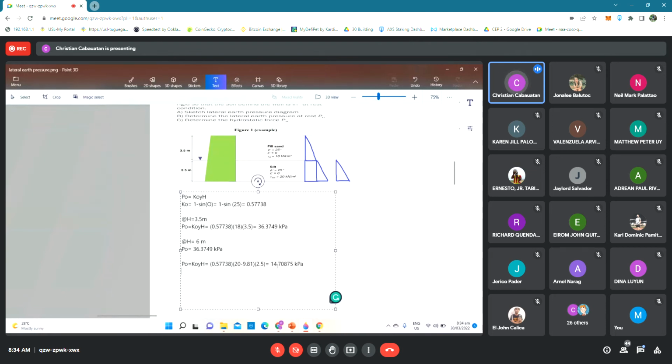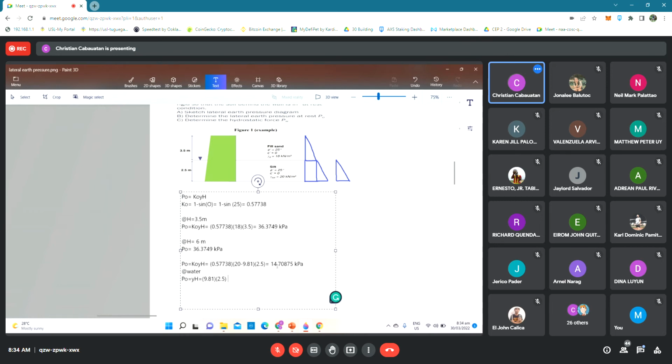So, let's go to the water. At the water, your PO, as I said earlier, is just the gamma times your height, wherein the gamma of your water is 9.81, and the height of your water is 2.5.